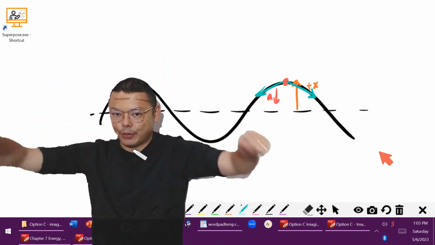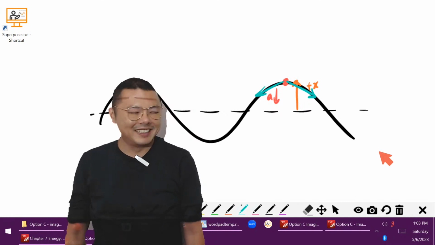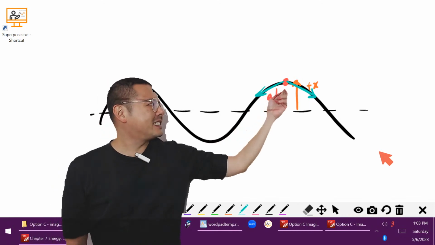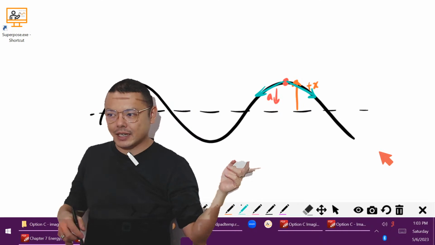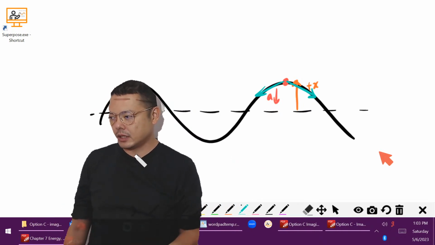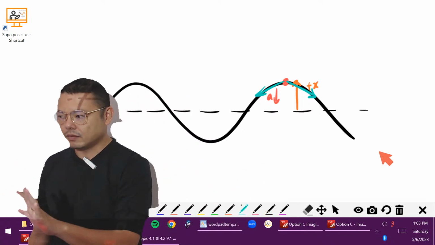His friends are pulling him down. Or if you were here, your friends would be pulling you up. So the neighbors are pulling this guy down, the resultant force is pointing downwards, and that's why it accelerates downwards. Again, I'm just trying to show you how the direction is opposite. You okay with this?